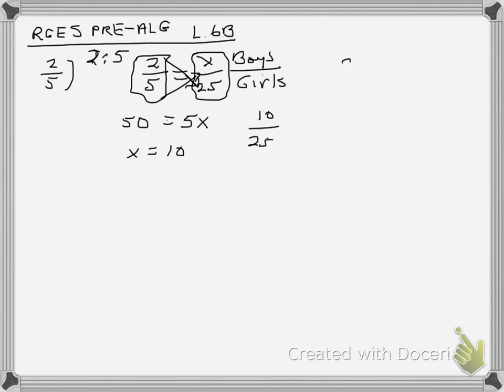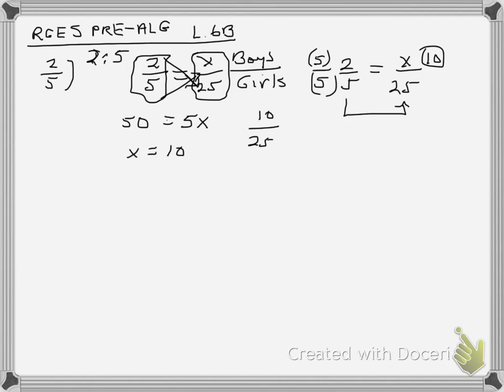If I go back to my proportion, I say 2 is to 5 as x is to 25, I can ask myself the question, what do I have to multiply 5 by to get 25? And the answer is 5, and so therefore also multiply the numerator by 5, and 5 times 2, x would have to be equal to 10. So that's another way we can solve a proportion.